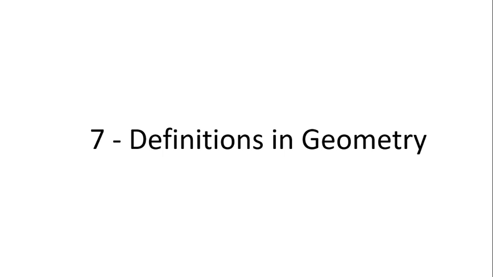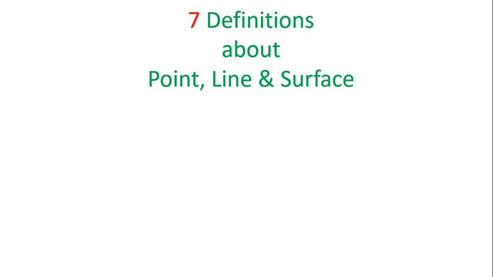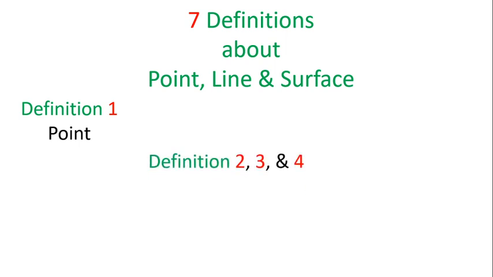Now come the 7 definitions in geometry. The 7 definitions are about the point, line, and surface. These are the 3 concepts about which 7 definitions are there. In definition 1, he says very clearly what a point is.